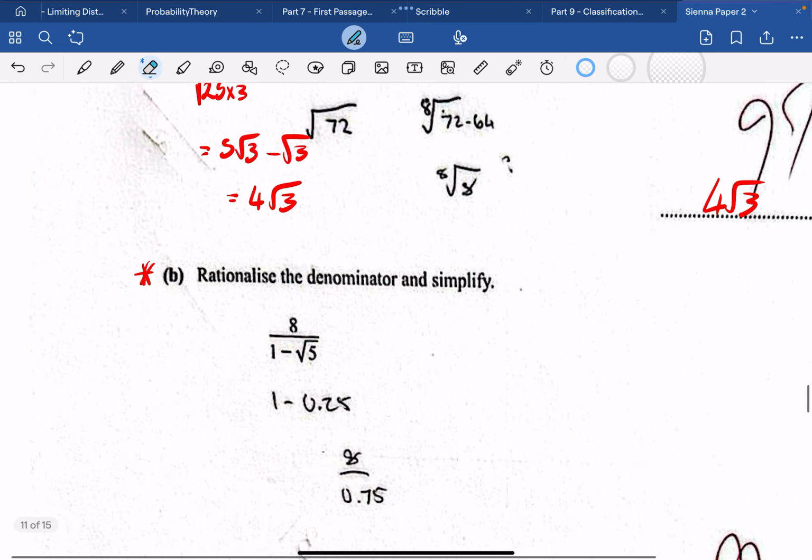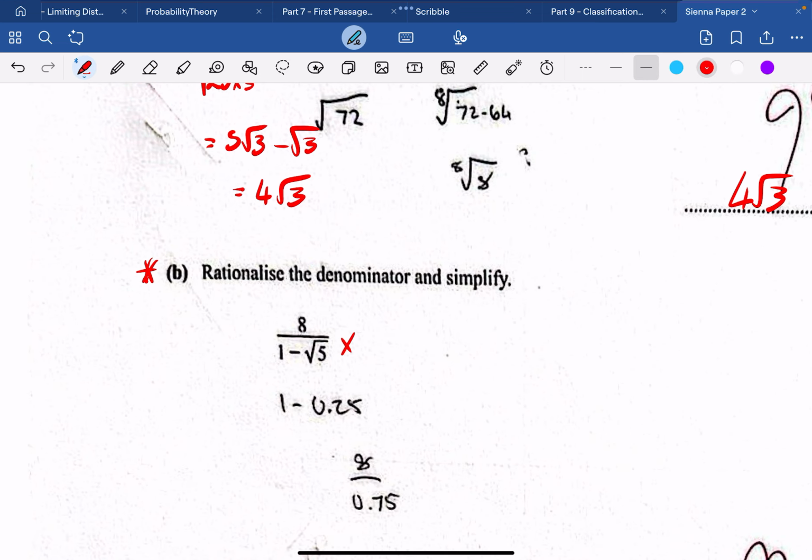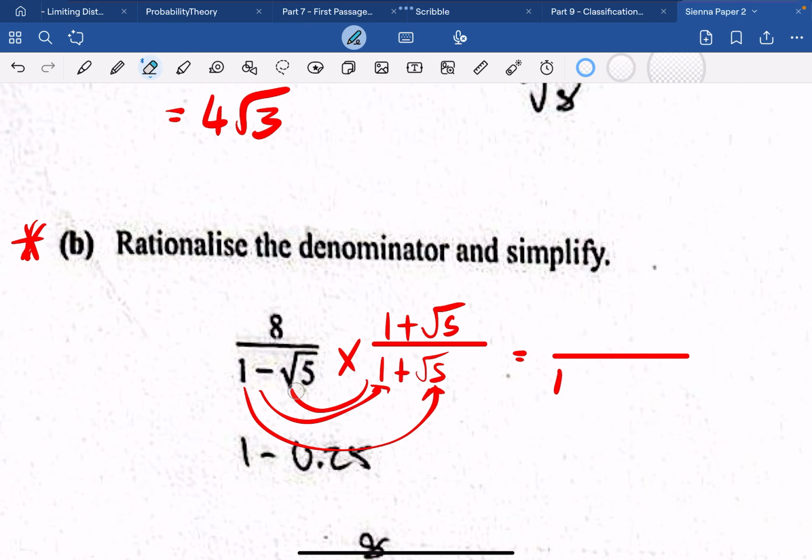Okay? Rationalize the denominator and simplify. We also did this in our lesson, but I'll just show you. Remember, we do the conjugate, so 1 plus root 5 over 1 plus root 5, because this is 1 over 1, right? You're just basically multiplying by 1. Now we do the denominator quickly. 1 times 1 is 1, and then the plus root 5 and minus root 5 are going to cancel.